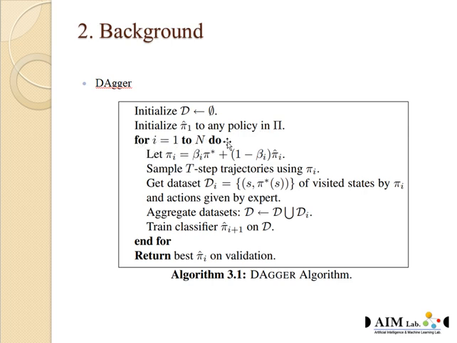For each step, we let pi_i be a linear combination of the expert policy and our initialized policy, and sample T-step trajectories using pi_i, and get a dataset of states visited by pi_i and the actions given by the expert. Then we aggregate the dataset, D union D_i, update D, and train the classifier for the next pi_(i+1) hat on D. In the end, we take the best pi_i hat on the validation set.